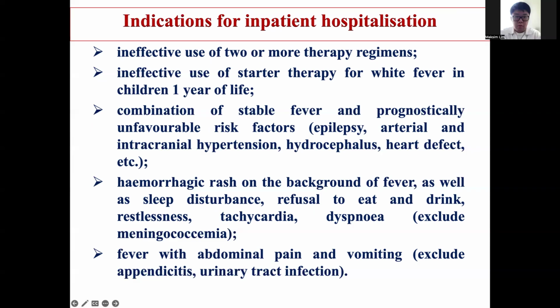We need to exclude appendicitis and urinary tract infections.